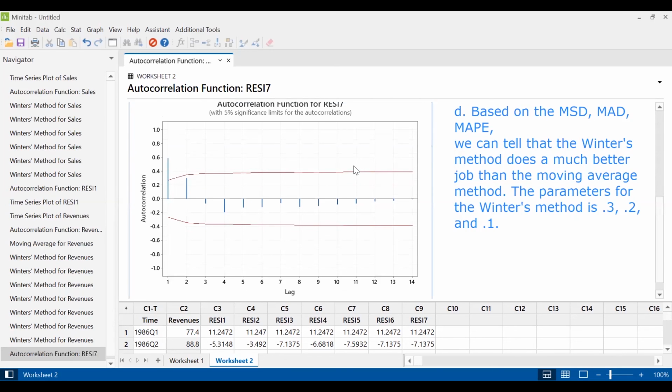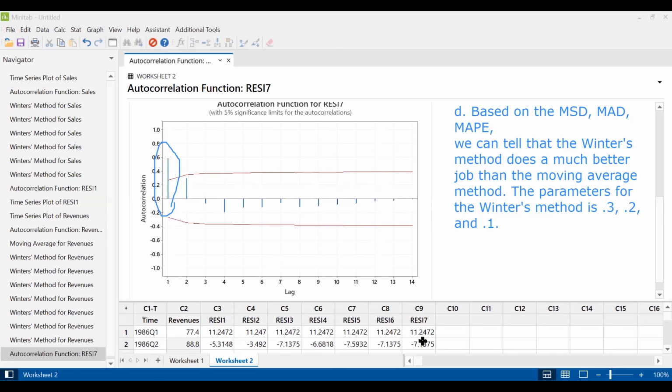All right, so that's the autocorrelation for the residual for the last method. Surprisingly, this time, it turns out the method is not quite adequate because we still observe a significant autocorrelation for the first lag, meaning that there's still some pattern or feature we can use to better forecast the data.